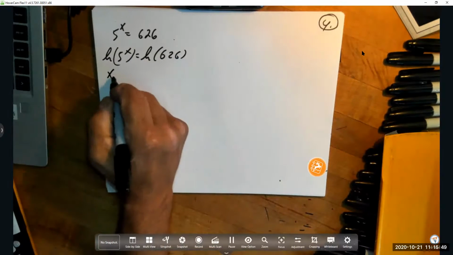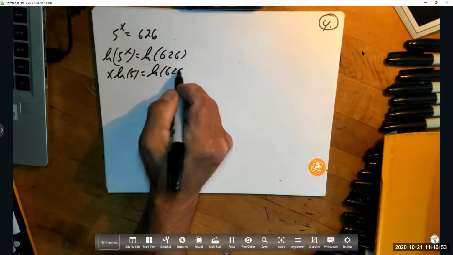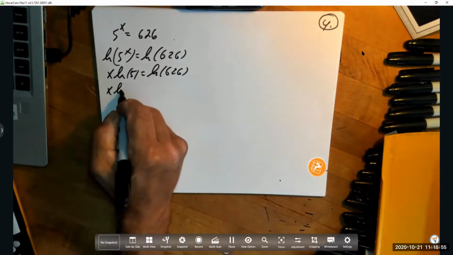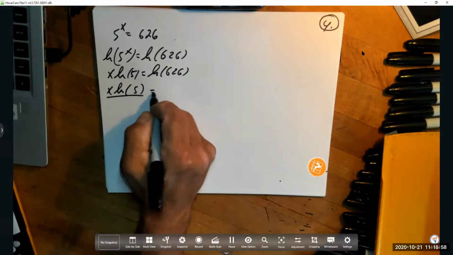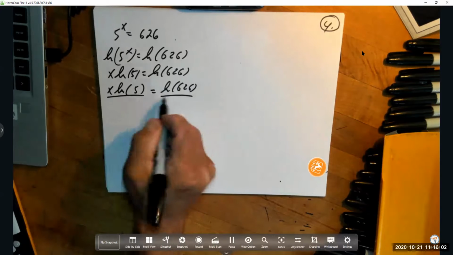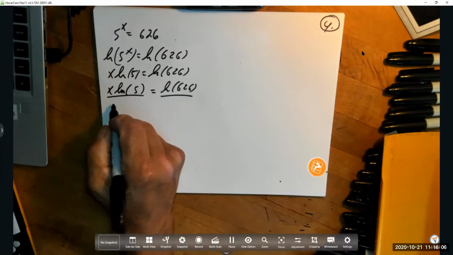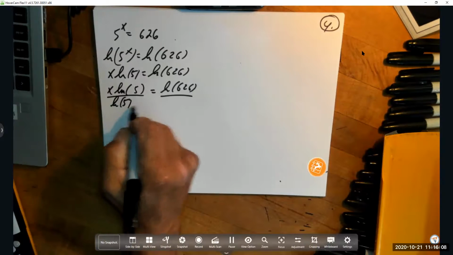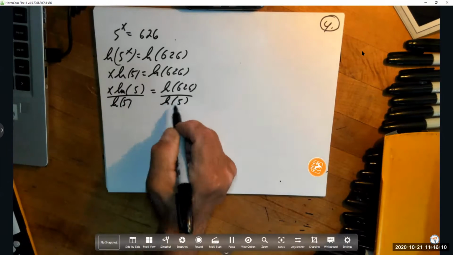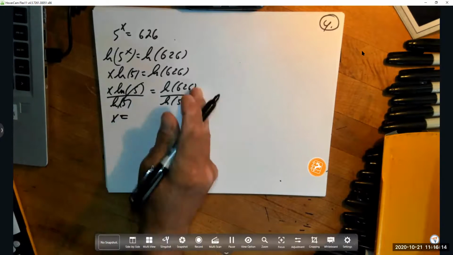So the x goes in front of 626. So now I need to divide both sides by, you tell me. What do you think it is? What goes here? What goes there? Divided by ln 5. Yep. And over here, ln 5. These are gone. So we have that number.